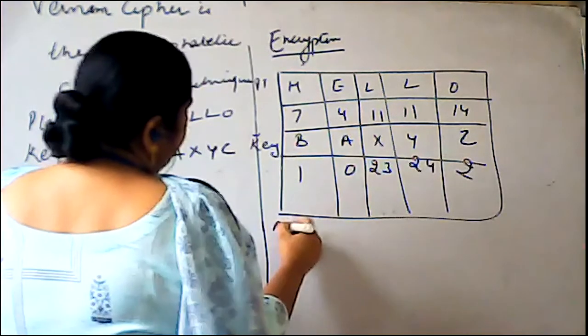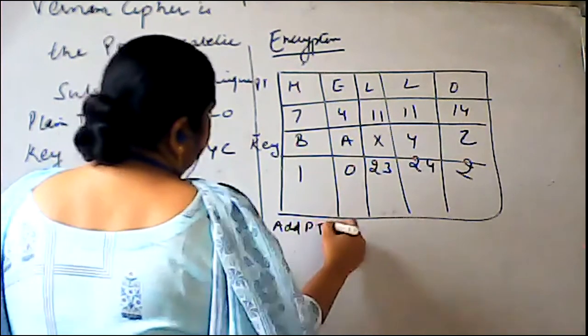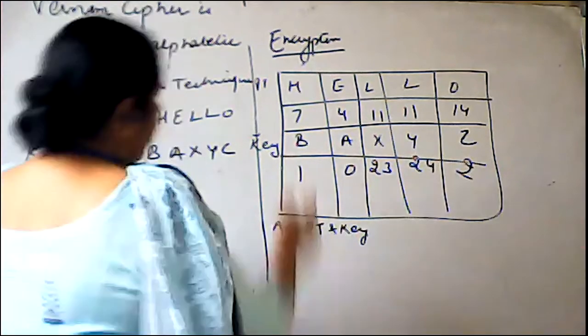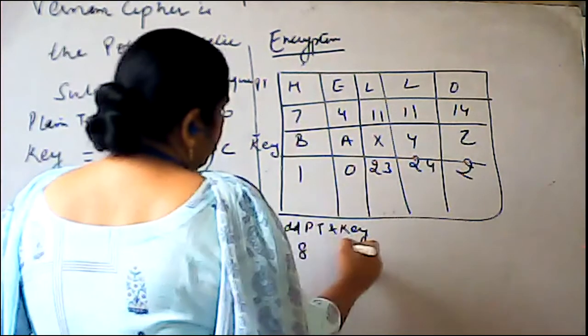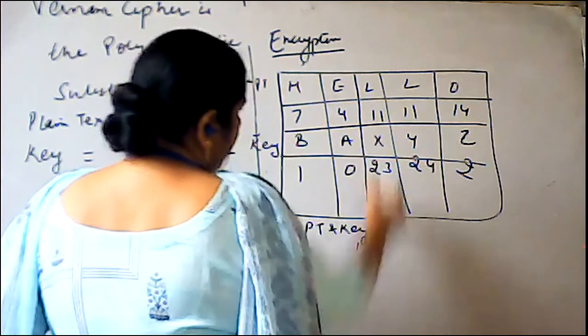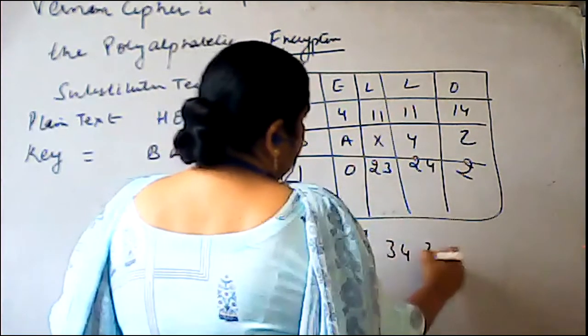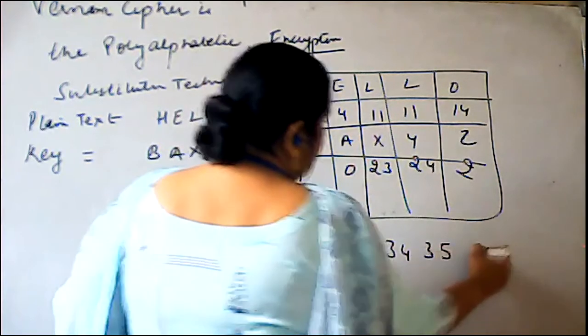Now add PT and key. You have to add plain text and key. So 7 plus 1 would be 8. 4 plus 0 would be 4. 23 plus 11, 34, 35, and 16.